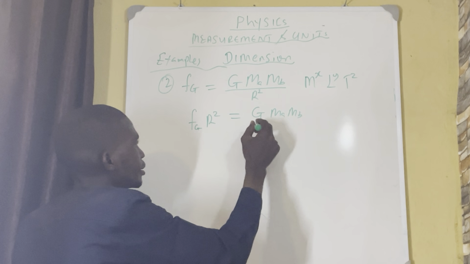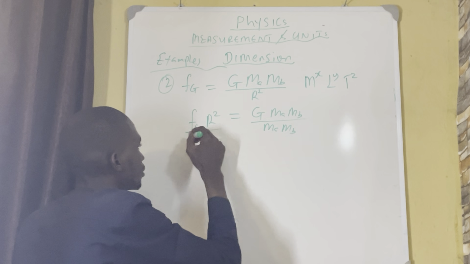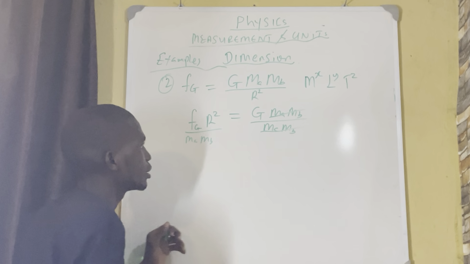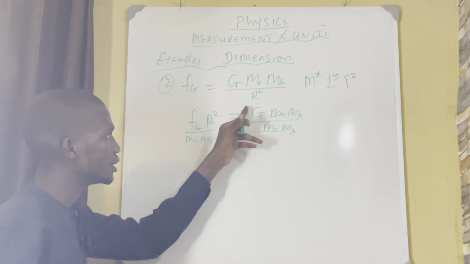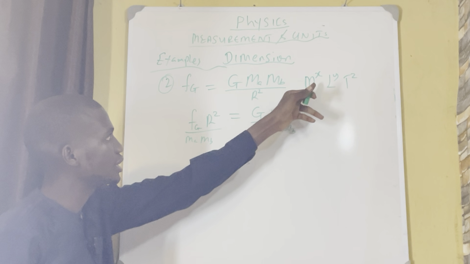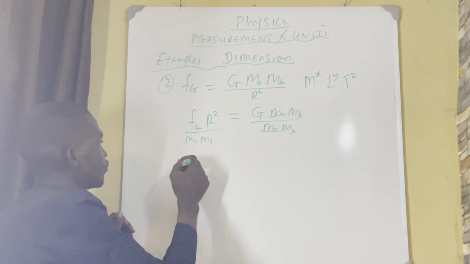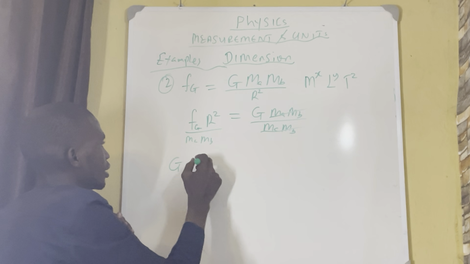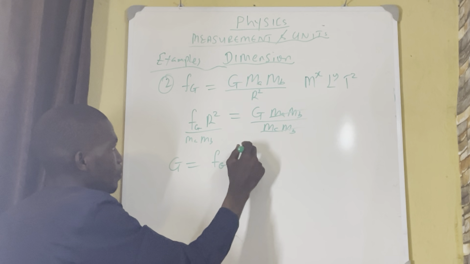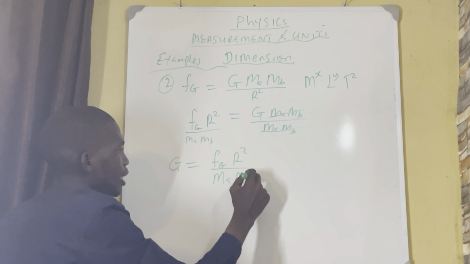So when you divide, this will cancel this. Because we want the gravitational constant expressed in M to the x, L to the y, and T to the z, the formula is G equals gravitational force times r squared all over M1 M2.